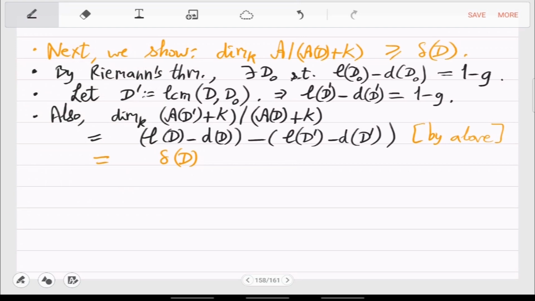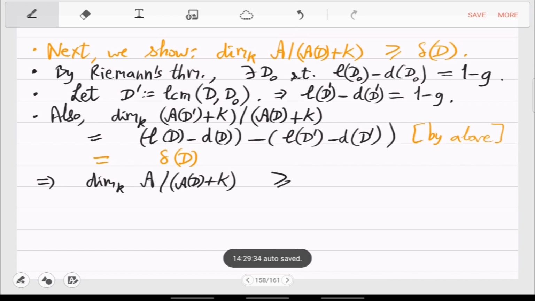Which gives a lower bound for A mod AD plus K. So A mod AD plus K is clearly a subspace which is at least as big as the one above. So it has dimension greater than or equal to delta D. And the two together mean that this is equal to delta D.